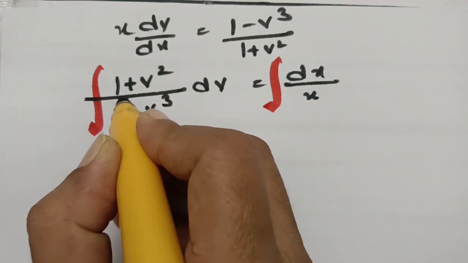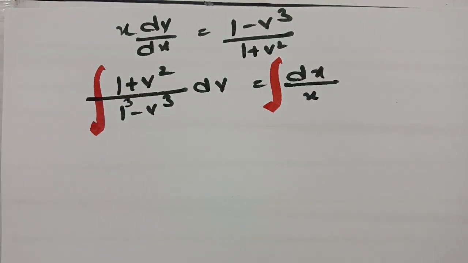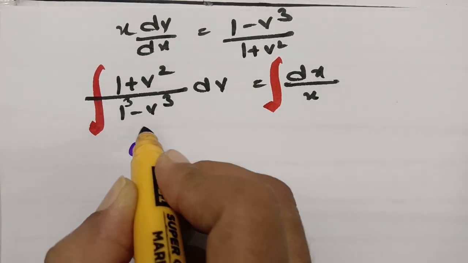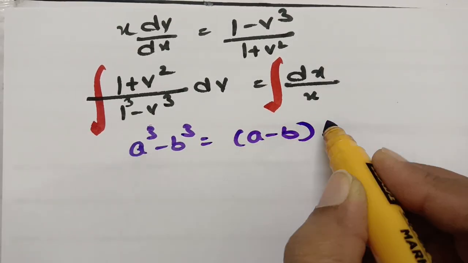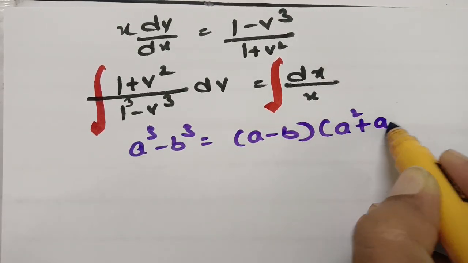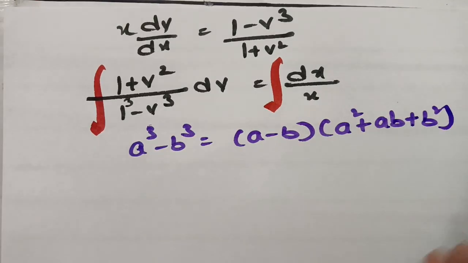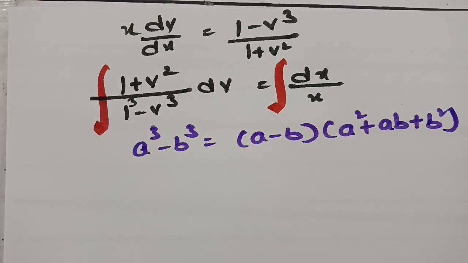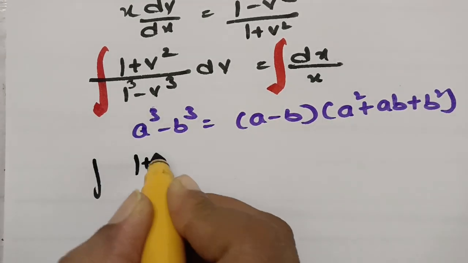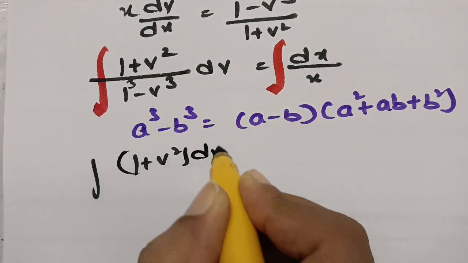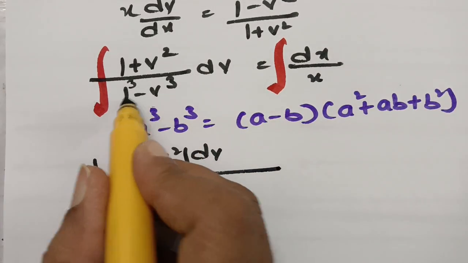This is of the form a cube minus b cube. So what will be the formula for a cube minus b cube? Remember, a cube minus b cube value will be a minus b into a square plus ab plus b square. If I substitute in the same way, this will be 1 plus v square into dv, where this is a and this is b.